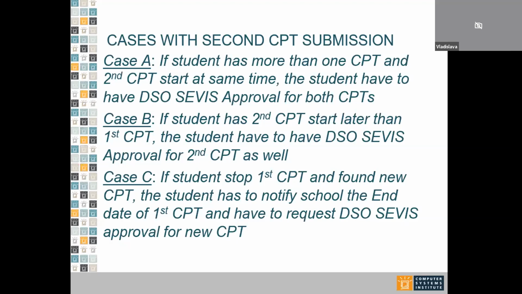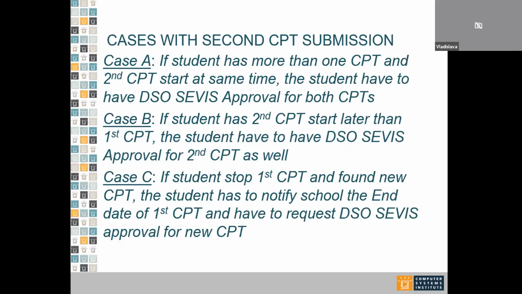Again, you have one CPT already. You have been employed for one or two months, and you decided that you need another CPT, or you have an opportunity for another CPT employment. You will be able to submit the new CPT, the additional one, only when the new quarter starts. We have deadlines to submit new CPTs.